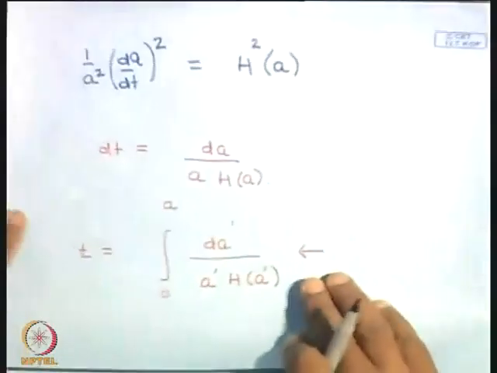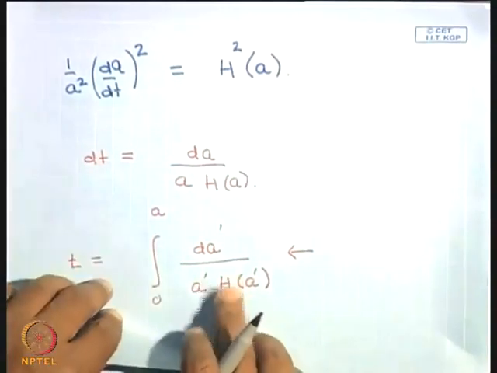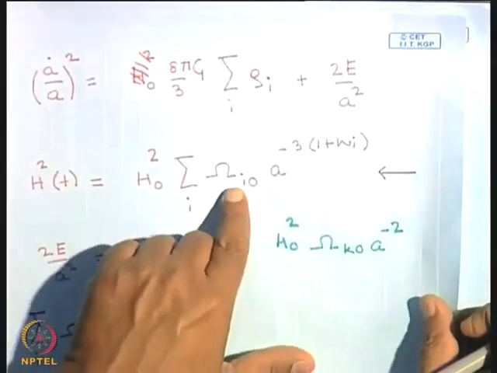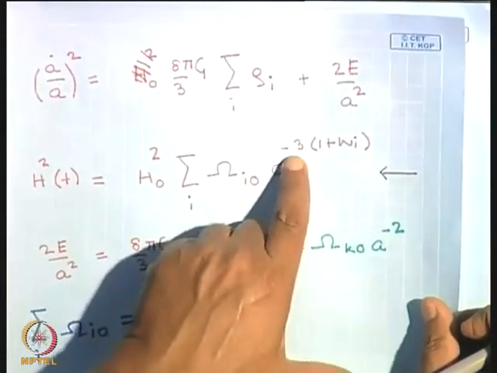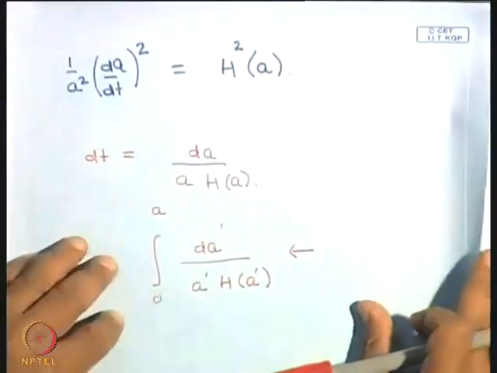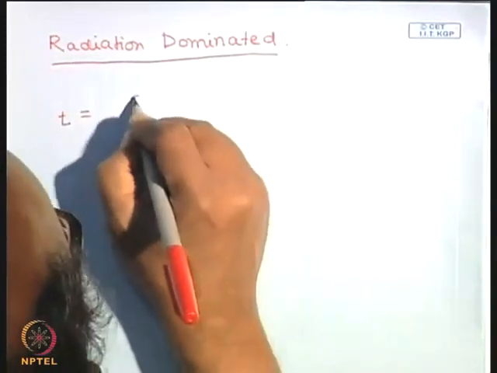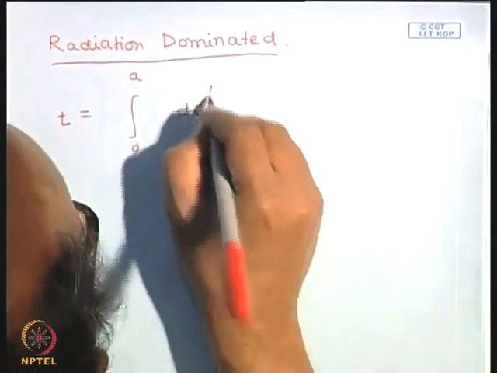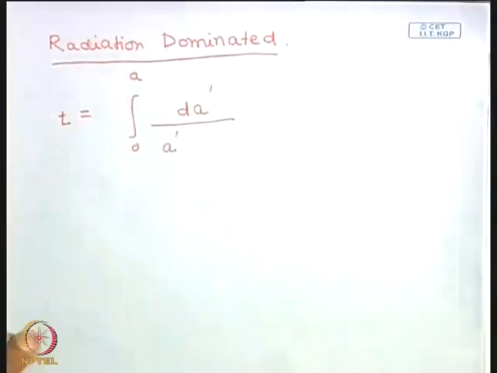So we have to basically do this integral, where H(a'), now let us put the form of H(a') for a radiation dominated universe. I will have only the Omega radiation naught a to the power minus 4. So the integral that I have to do is t equals the integral from 0 to a of da' over a'.